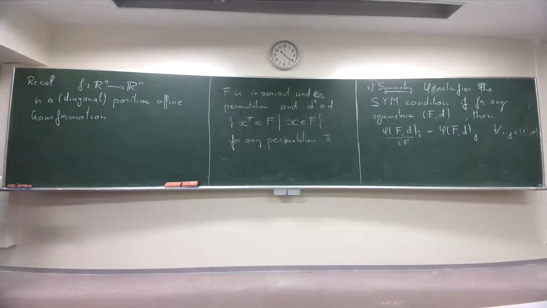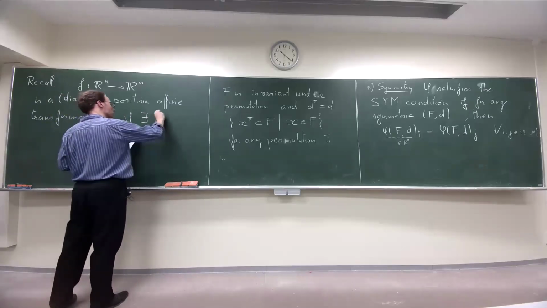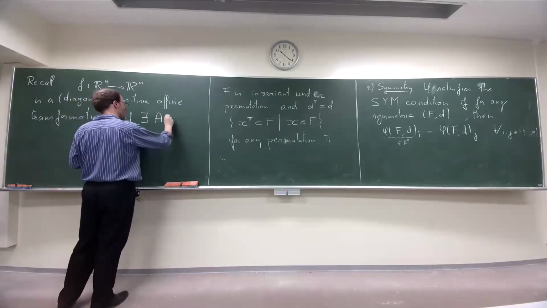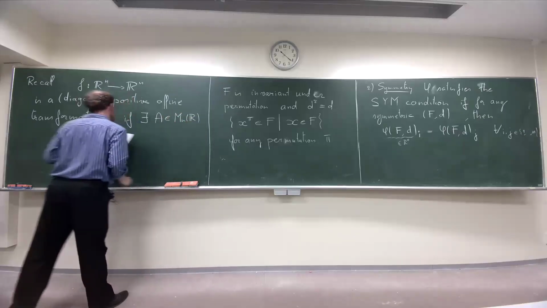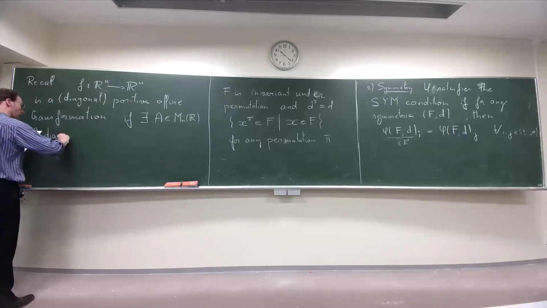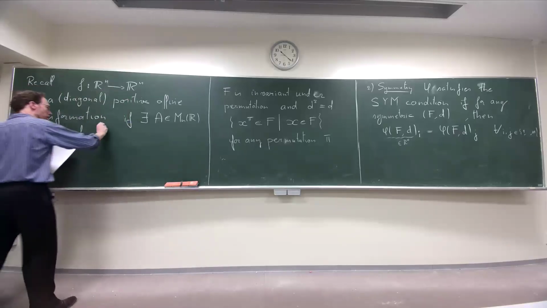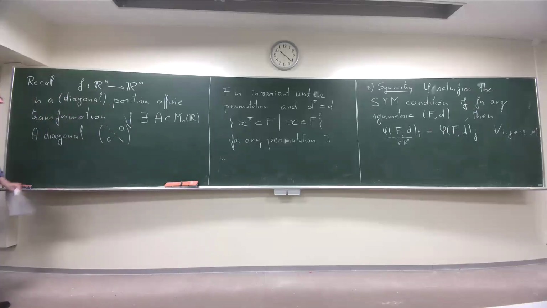It's a positive affine transformation, which is also diagonal, if there exists a matrix A in Mn of R, which is diagonal. That's why I call it diagonal. It means it's a matrix that has just entries on the diagonal, and that's it.